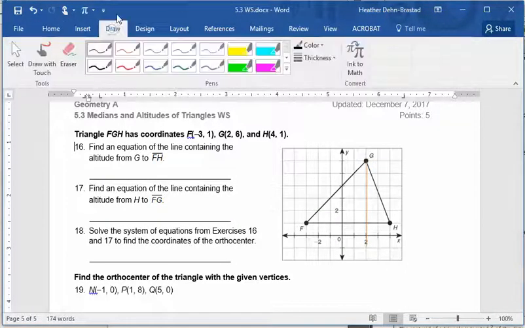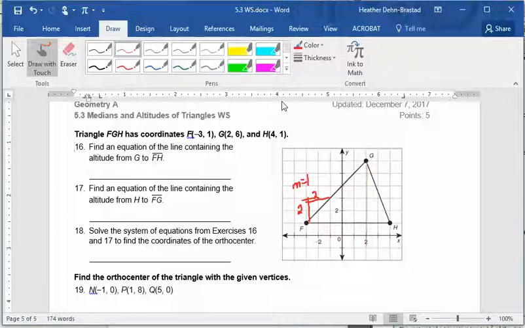So the slope of FG is, let's do a rise over run thing. The rise is 2, the run is 2, so the slope is 1. So the slope of the line I want to make is going to be -1. The opposite reciprocal of 1 is -1.